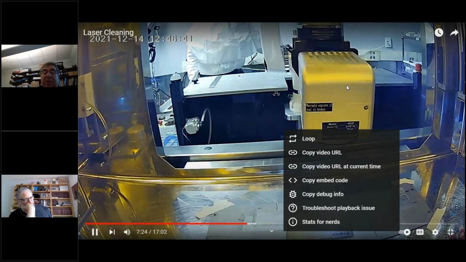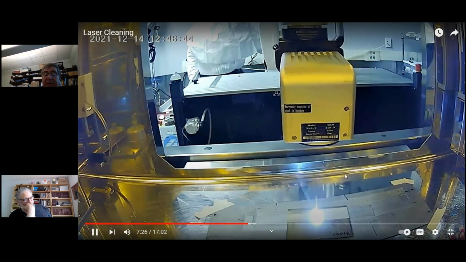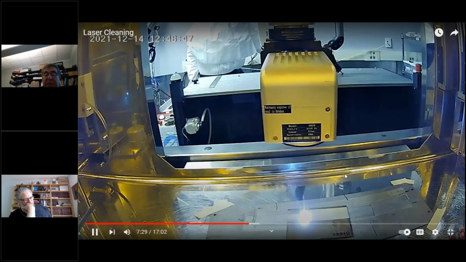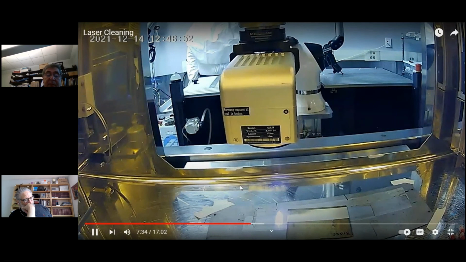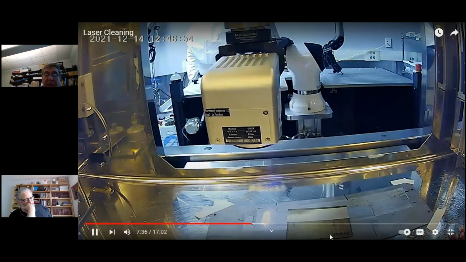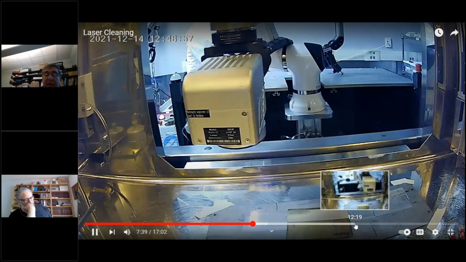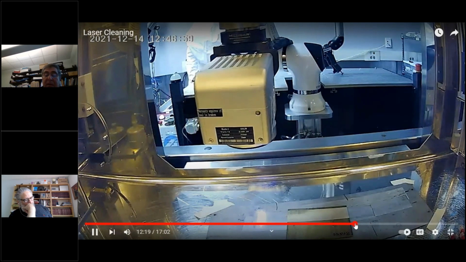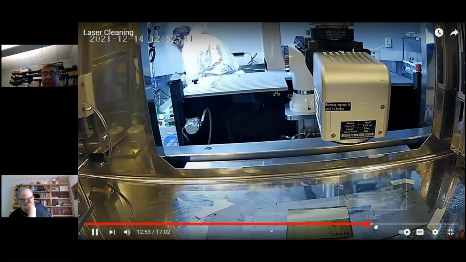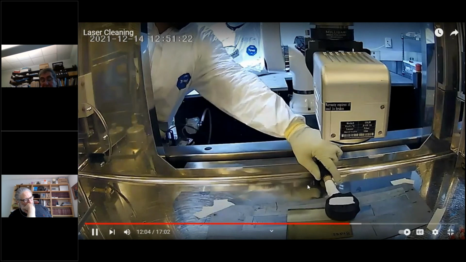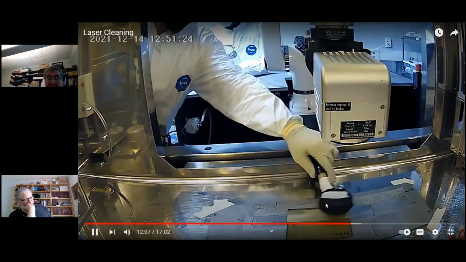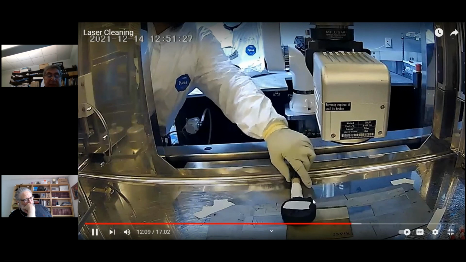This is all mounted on the robot, on the cobot, and it would do several scans back and forth. And then at the end, there will be another measurement just to make sure that the radiation falls below 500 CPM.